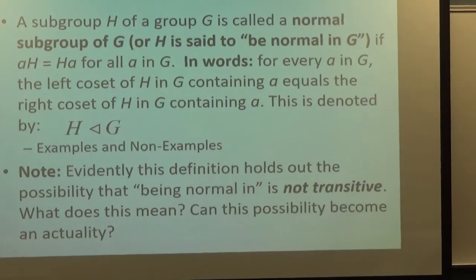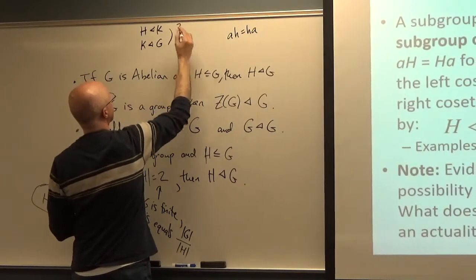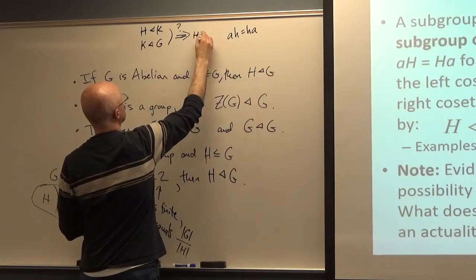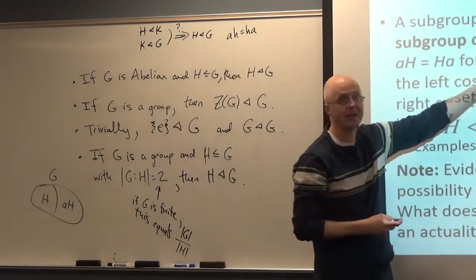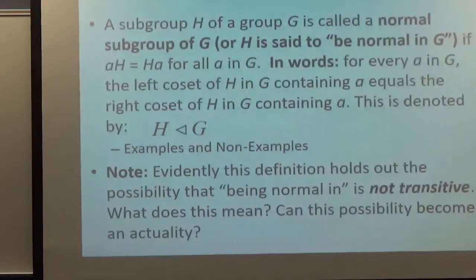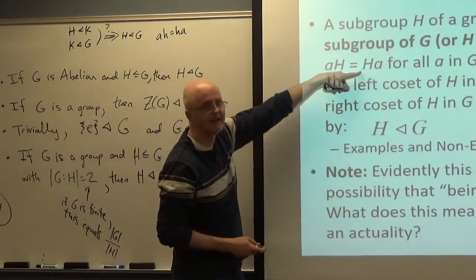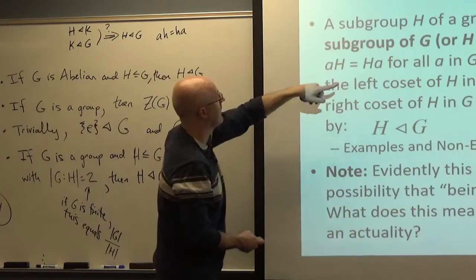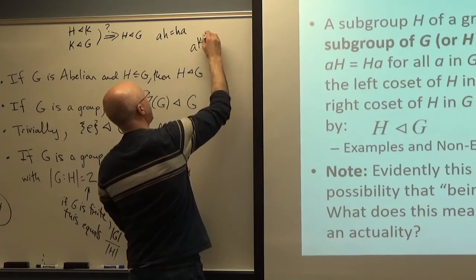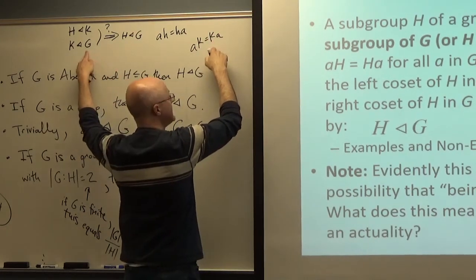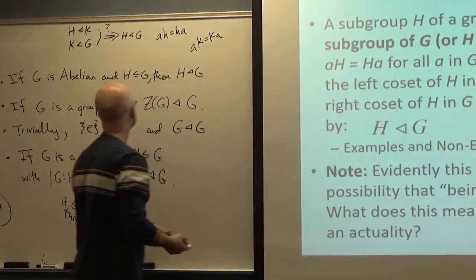Just because H is normal in K and K is normal in G may or may not, I'll put a question mark here, imply that H is normal in G. This definition holds out that possibility because this is supposed to be true for all a in G. So if this is true for all a in K, and something similar is true, aK equals Ka for all a in G, it's not necessarily true, seemingly, that this would be true for all a in G, that H would necessarily be normal in G.